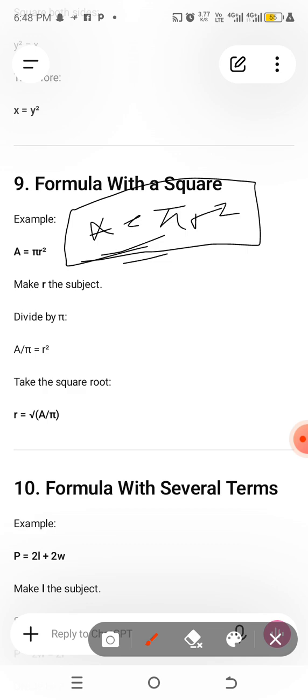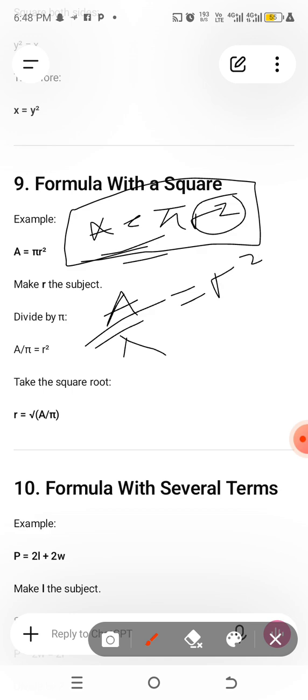The area of a circle is this. So if they ask you to make r the subject of the formula, we use division, because we must make this r square stand alone. That will be A over pi equal to r square.